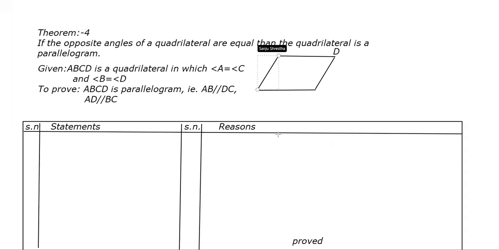Opposite angles are equal. In the previous theorem we proved that if opposite sides are equal, then it is a parallelogram.